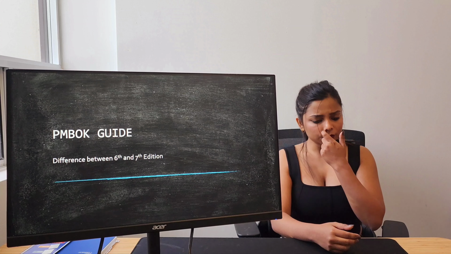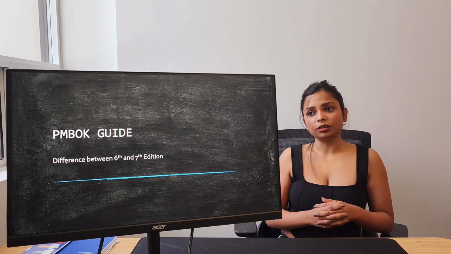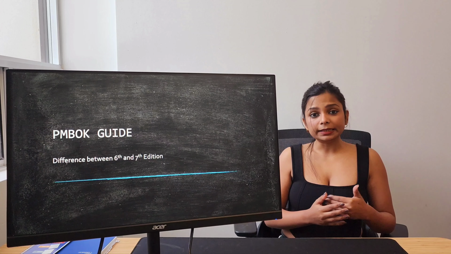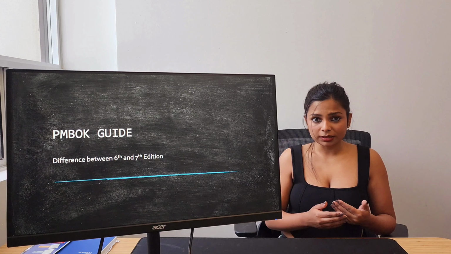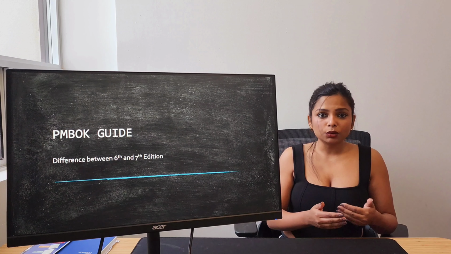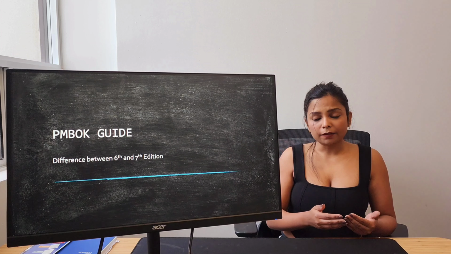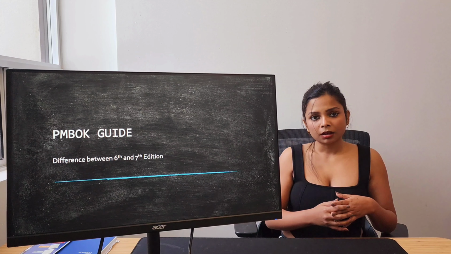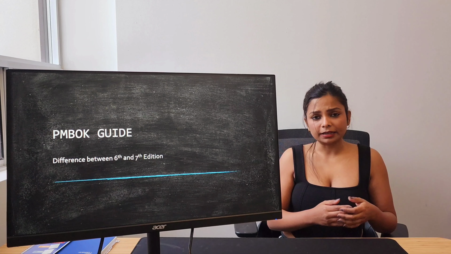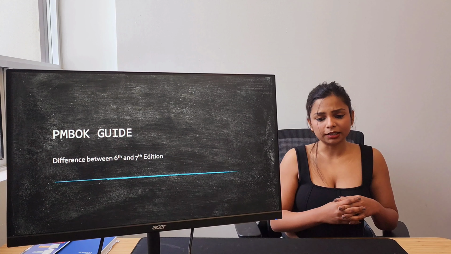Now, if you know the PMBOK Guide 6th edition, you must know that ITTOs, which is basically inputs, tools and techniques, and outputs, used to be the backbone of the 6th edition. In the 6th edition, we have 5 project process groups, which were planning, executing, monitoring and controlling, closing, and initiating.